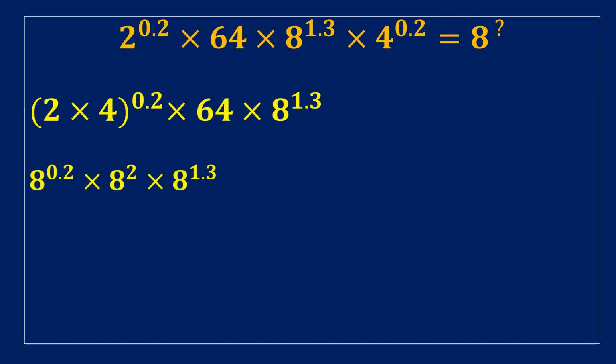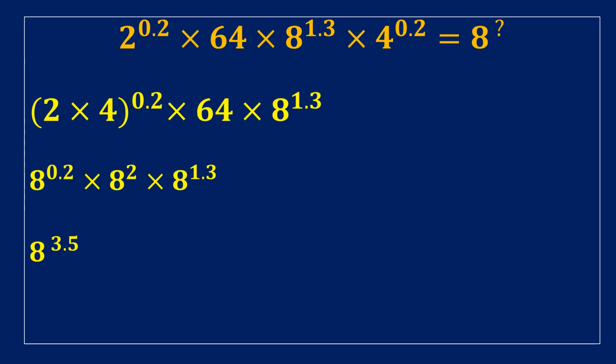Let us convert all bases into a common base, which is 8. Then the equation becomes 8 power 0.2 into 8 power 2 into 8 power 1.3, which is nothing but 8 power 3.5. It is observed that the bases are the same, that is 8.